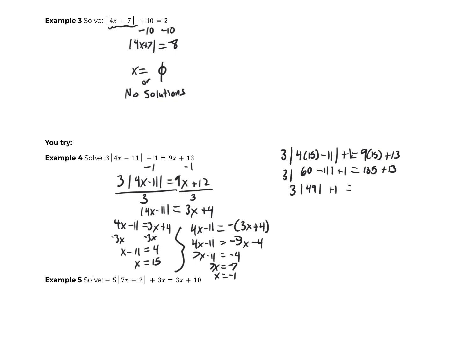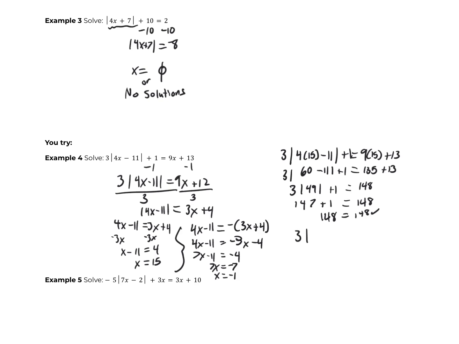And 135 plus 13 is 148. And 3 times the absolute value of 49, which is 49, is 147. And 147 plus 1 is 148. So 15 works.